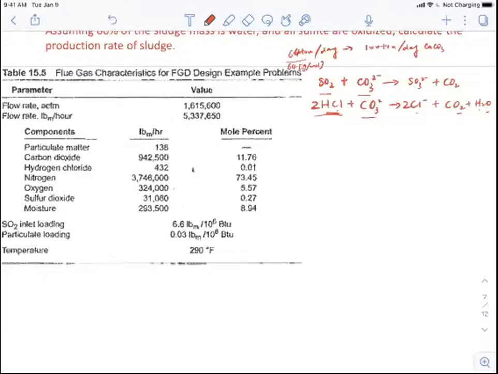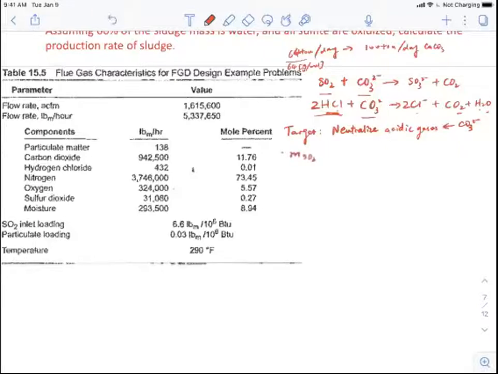So our target is basically to neutralize the acidic gases. We have to use the carbonate ions to neutralize these. So we need to first find out the molar flow rate or the mass flow rate of the sulfur dioxide.